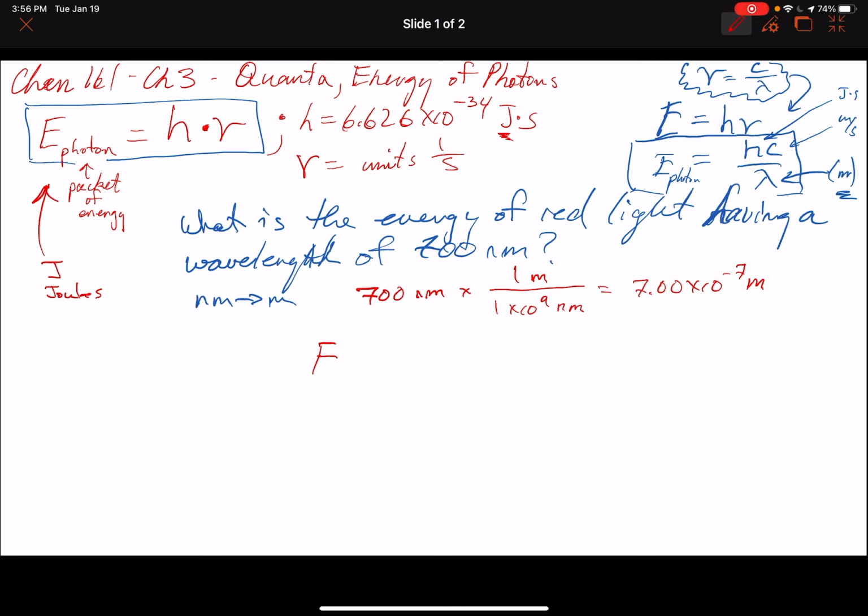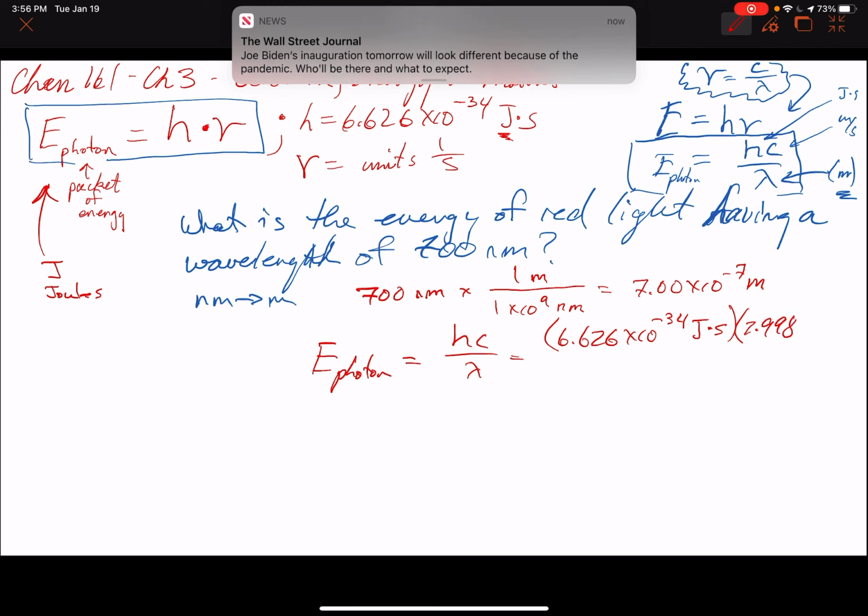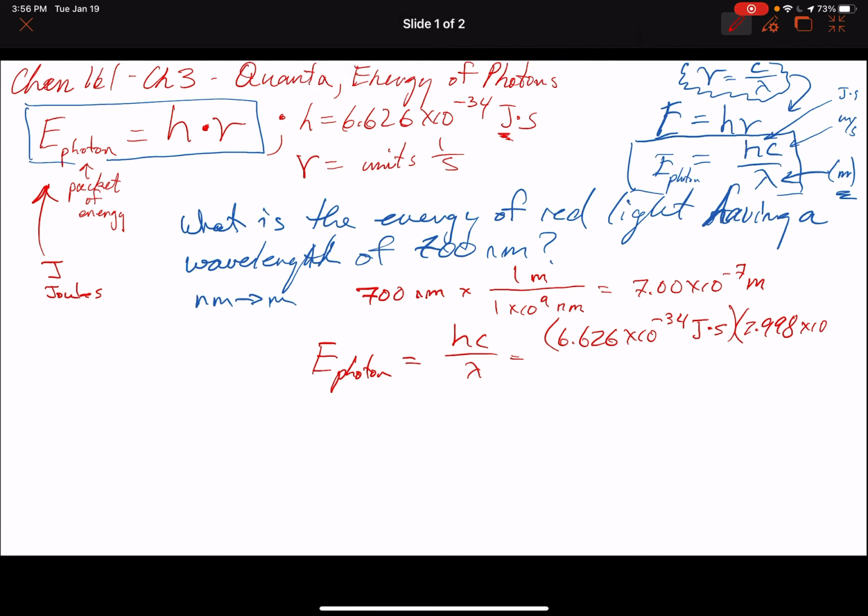So the energy of a single photon is equal to hc over lambda. So this is going to be 6.626 times 10 to the minus 34 joule seconds times the speed of light, 2.998 times 10 to the 8 meters per second, all divided through by now our wavelength in meters, 7.00 times 10 to the minus 7 meters.